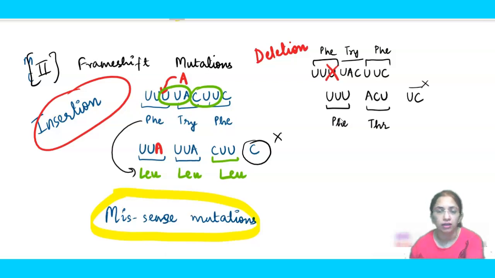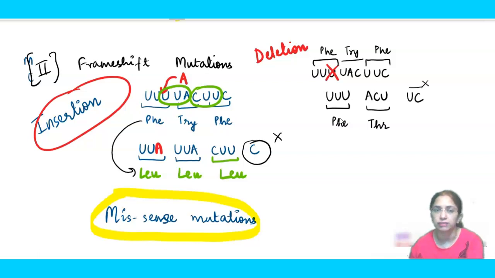See here, earlier the peptide had 3 amino acids, but now only 2 are there. Okay, one has been removed altogether, and tyrosine has been changed to threonine, right? So again, this can come into the example of missense mutation because amino acid sequence is changed, right? So frameshift mutations are also important.